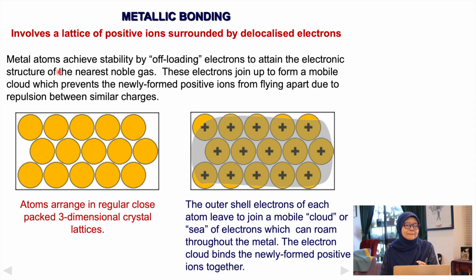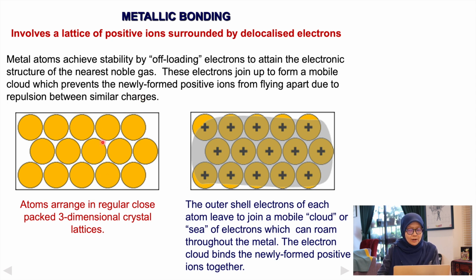Metal atoms usually achieve stability by offloading electrons to attain the electronic structure of the nearest noble gas. So these electrons join up to form a mobile cloud, which prevents the newly formed positive ions from flying apart due to the repulsion between similar charges. As you know, if we have the same charge, they usually will repel. But this does not occur in the metallic bond because of the presence of delocalized electrons.